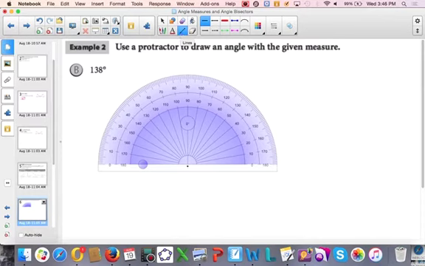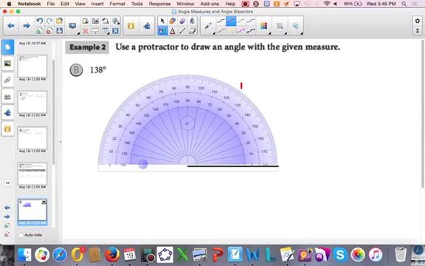So I start at this point on the protractor and I go straight out. And I want an angle measuring 138 degrees. I know that 138 would be an obtuse angle, so I'm not looking at this 138.